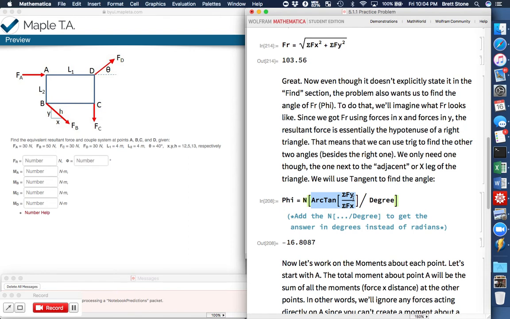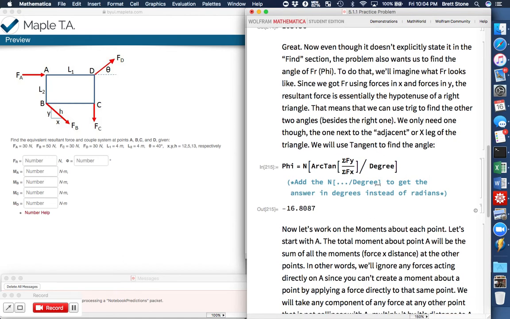But since Mathematica likes to give angles from that kind of function in radians, we have to add this N square bracket, and this /Degree, and then close off with another square bracket to get it in degrees instead. So we get a negative degree angle. And what does the negative mean? That just means that it's going down from the x-axis instead of up, which you can imagine makes sense.